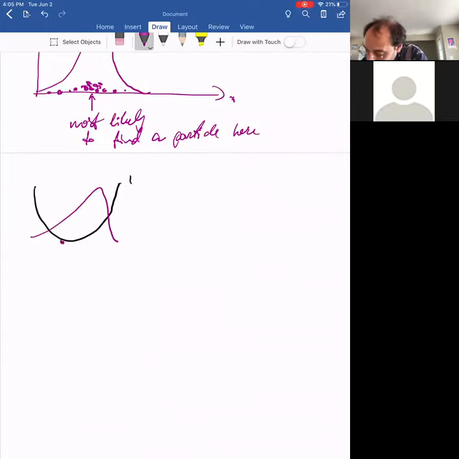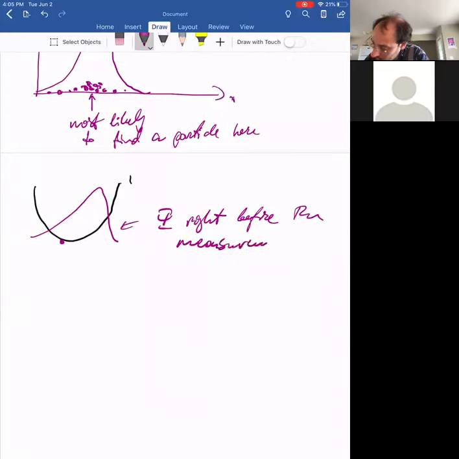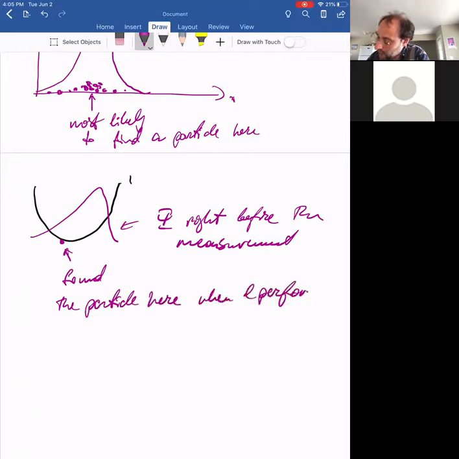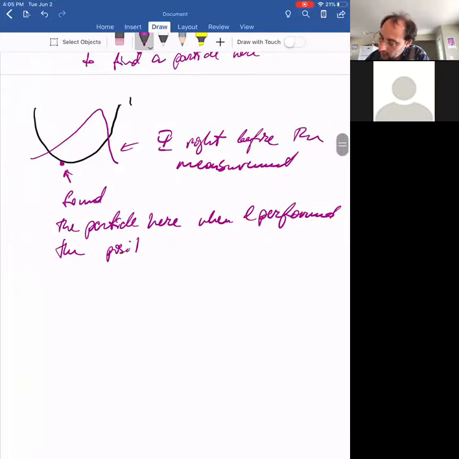And I found the particle right here when I performed the position measurement.